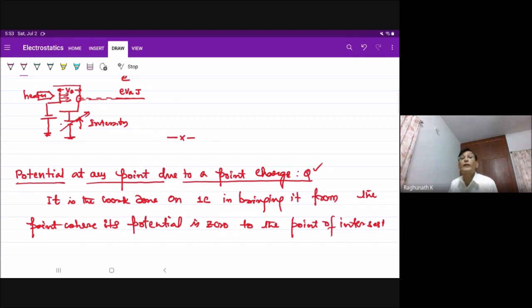What is the 0 potential point in the field of a given point charge? It is the point where any charge kept at that point doesn't move by itself. If the object has some potential energy, if you leave it, it starts moving from that position naturally in the field.